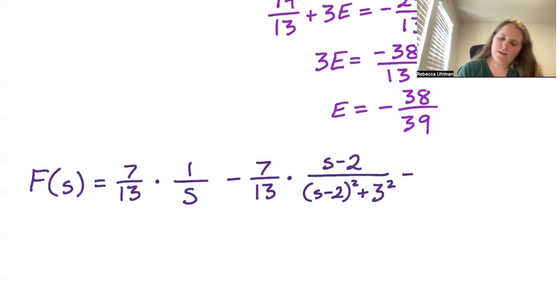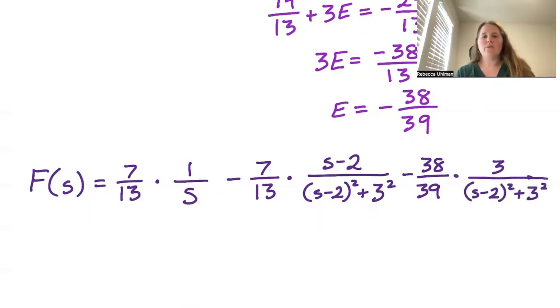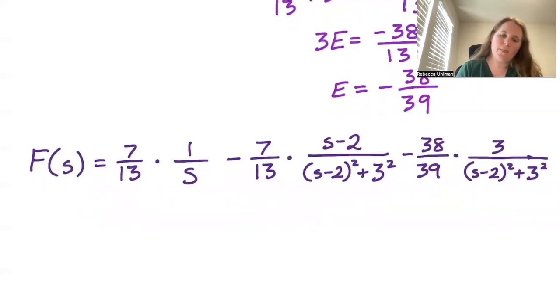And then we have minus 38/39 times 3 over s minus 2 squared plus 3 squared. So we've now split our original f of s into a sum, a linear combination of fractions, which we know the inverse Laplace transform for.